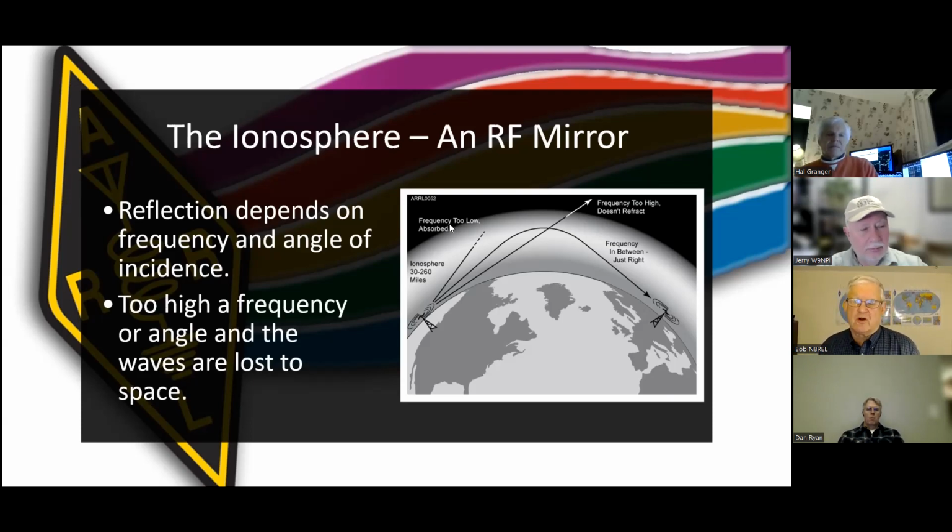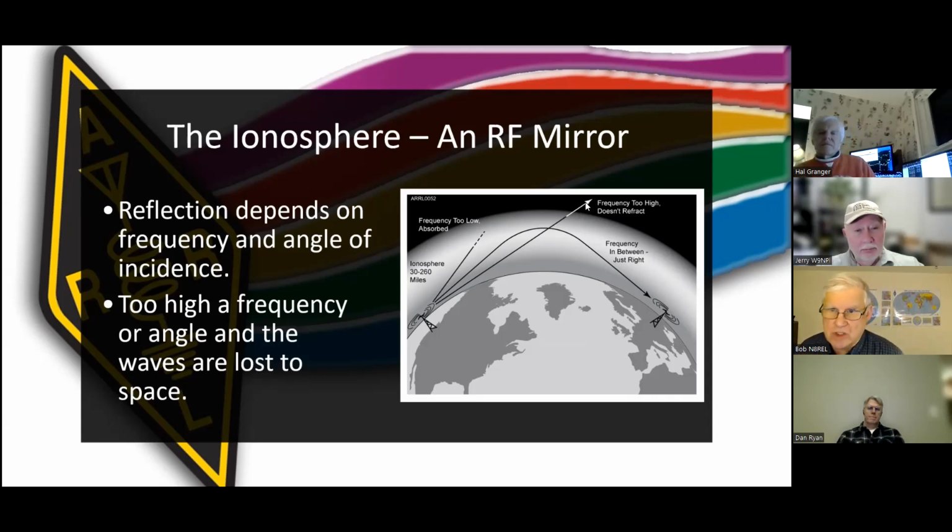If you go lower than the minimum usable frequency, your radio wave comes off here, but it gets absorbed in the ionosphere and goes nowhere. If you're above the maximum usable frequency for distance communication, your radio wave shoots right through the atmosphere. It does not bounce off the ionosphere.